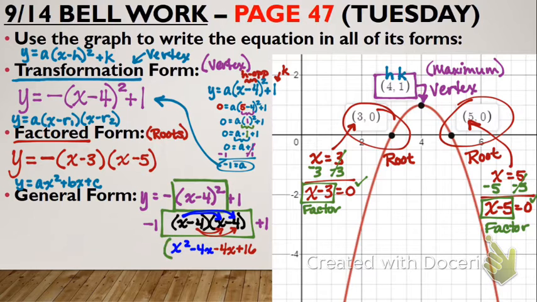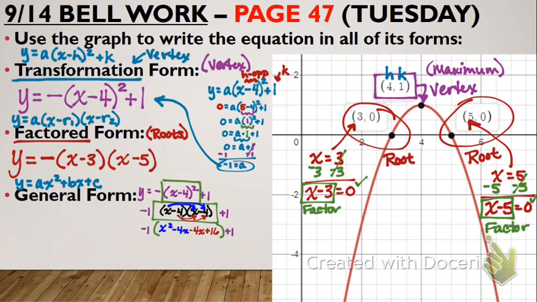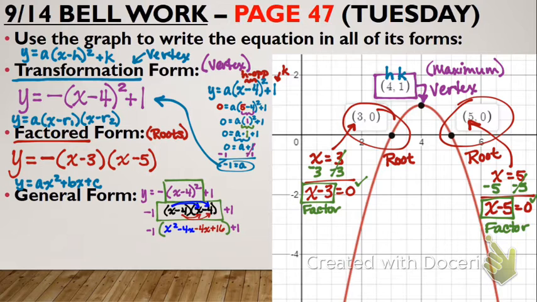That still has to be inside parentheses, because I have to take this -1 that's my a value, and I have to distribute that to everybody. Not to the +1 at the back, though. Why not? Not in the parentheses. At the beginning of my problem, the negative was in front of this, so it's only being multiplied to this, not to that +1 at the back.